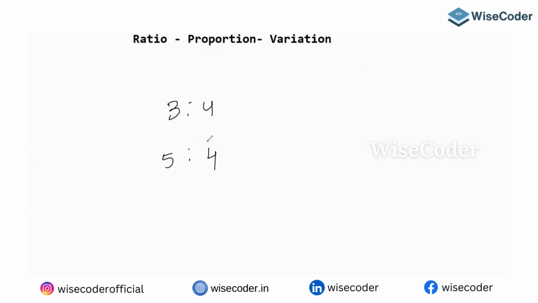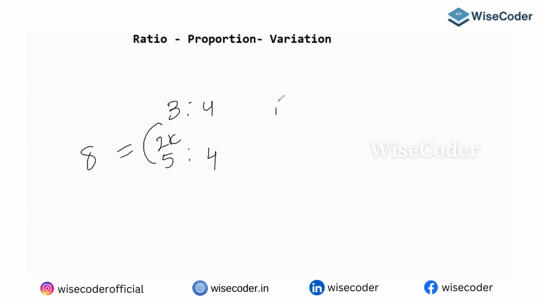Because gentlemen are not going to enter or exit. So 3 is to 4 becomes 5 is to 4. How many parts got increased? 2 parts. The 2 parts value is 8.